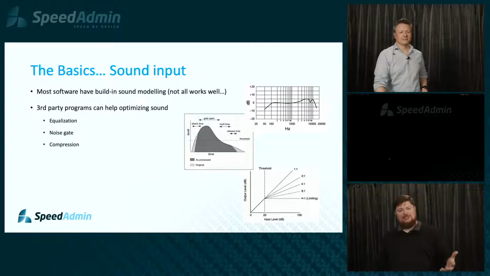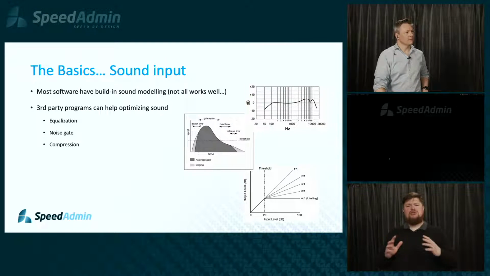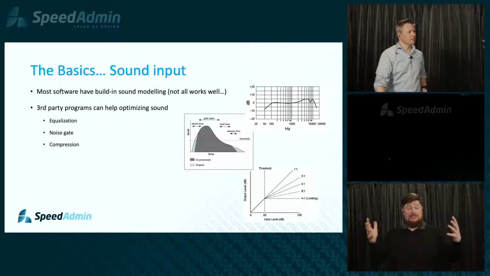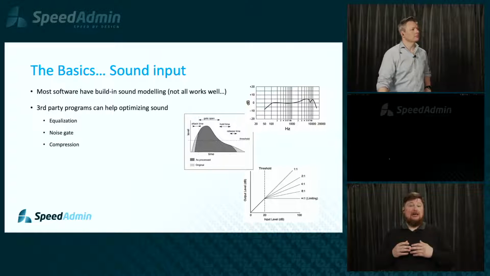So, of course, sound is very important, both for the one who is playing the sound and also for the listener. Most solutions have built-in modeling, and you never see that modeling because it's just built inside. But I'm sure most of you have been in a meeting, Teams meeting, Zoom meeting, whatever, and experienced that one of the participants had really bad sound.